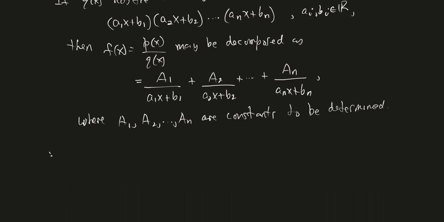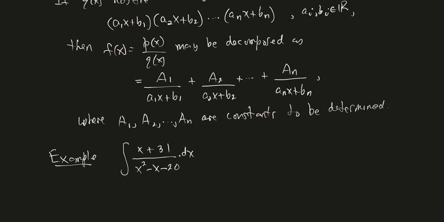So suppose we have to evaluate the antiderivative of x plus 31 over x squared minus x minus 20 with respect to x.